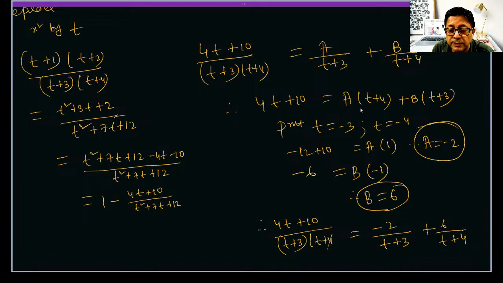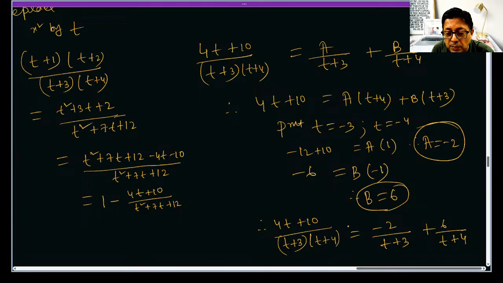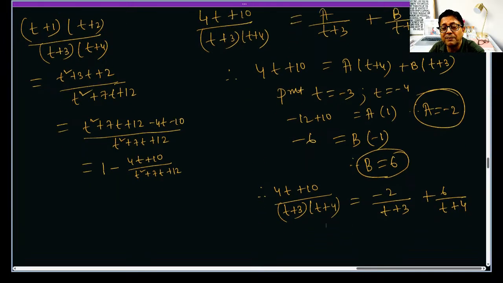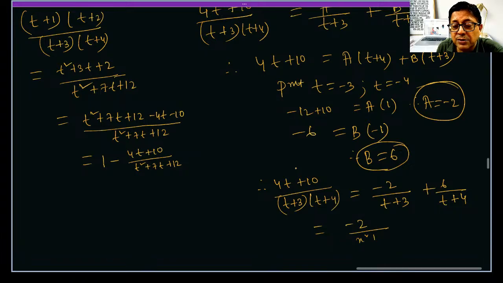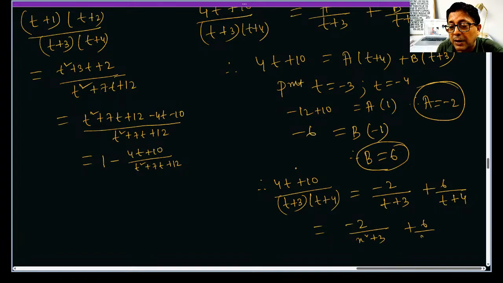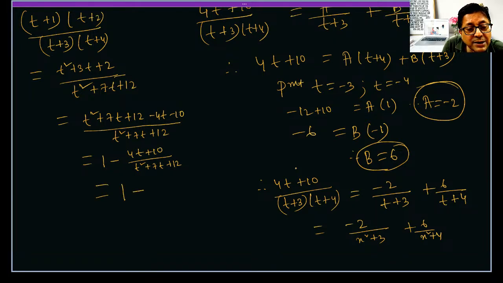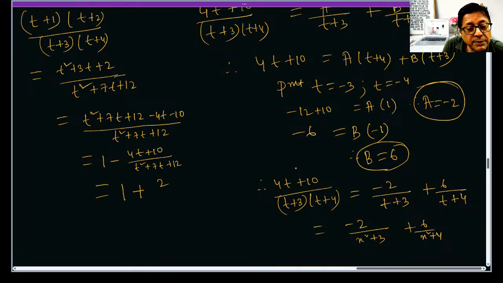Clear? Now this part partial fraction is done. We bring x square back because you have replaced, not substituted. You directly write this one x square plus 3. So this one changed to 1 minus, minus minus plus, clear?